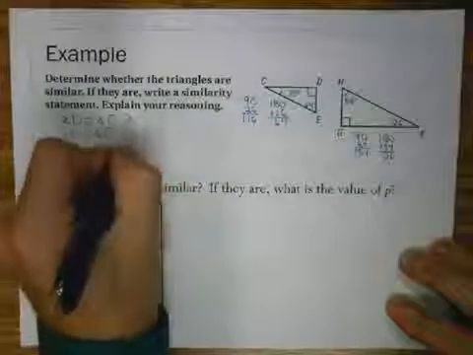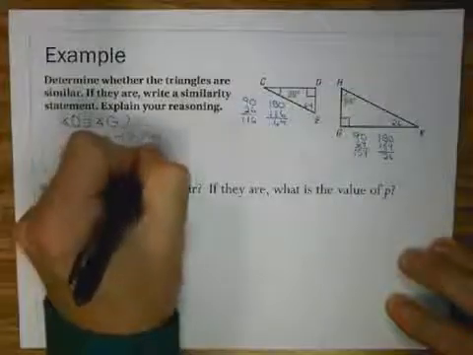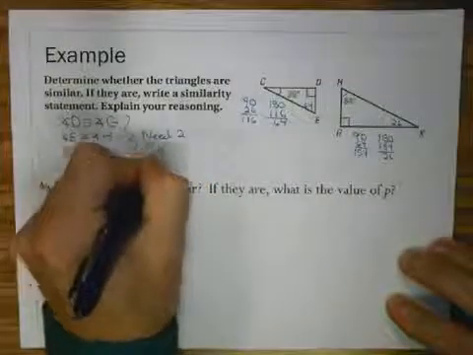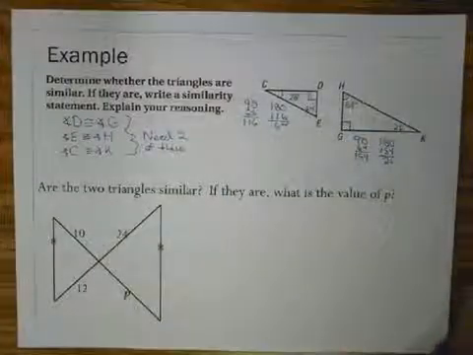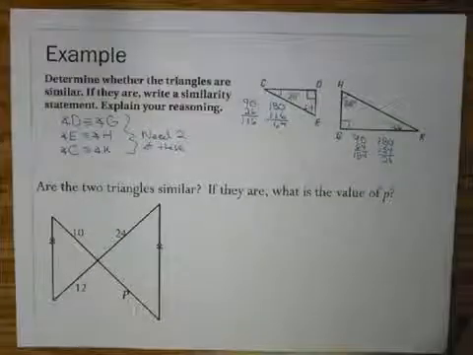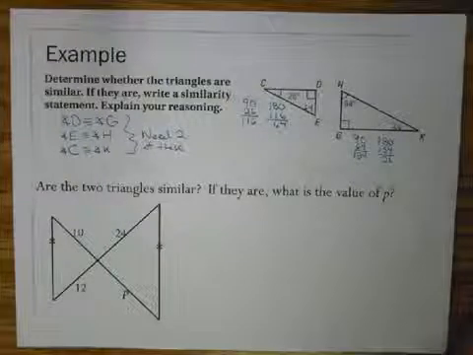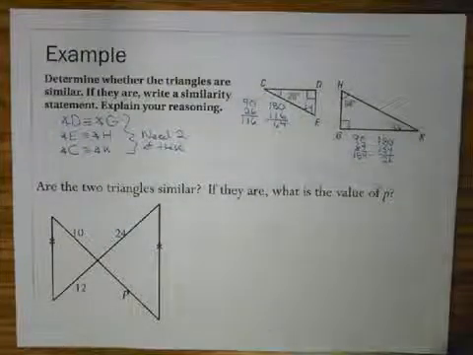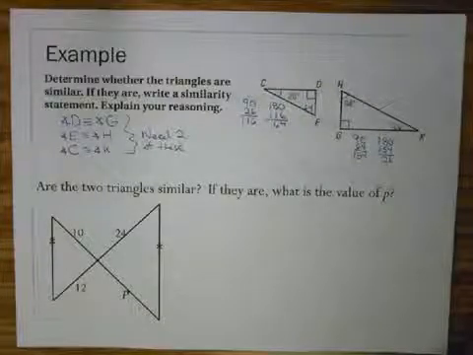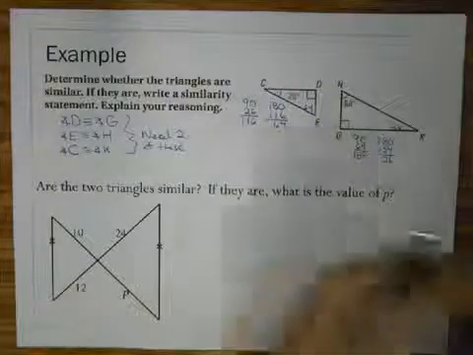Well, I just found three of them. I don't need all three of them. I need two of these. If this was a problem where you were solving it, you would just name two of them and give your reason. They're right angles. Right angles are congruent. And then we found the third angles using triangle sum in each triangle to find that those match up. Okay, so that's how they work.